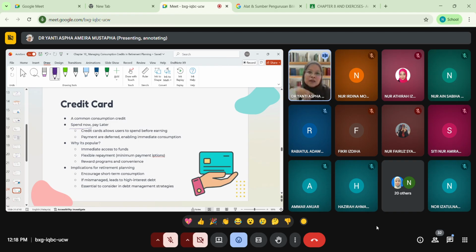Okay, somebody told me, when I heard a podcast, that if you want to buy a bag, for example, that costs maybe 2,000 ringgit using your credit card, you need to have that 2,000 ringgit in cash. Then you can use your credit card. Why? Then at the end of the month, when the credit card is charged, you can use that 2,000 to pay back.